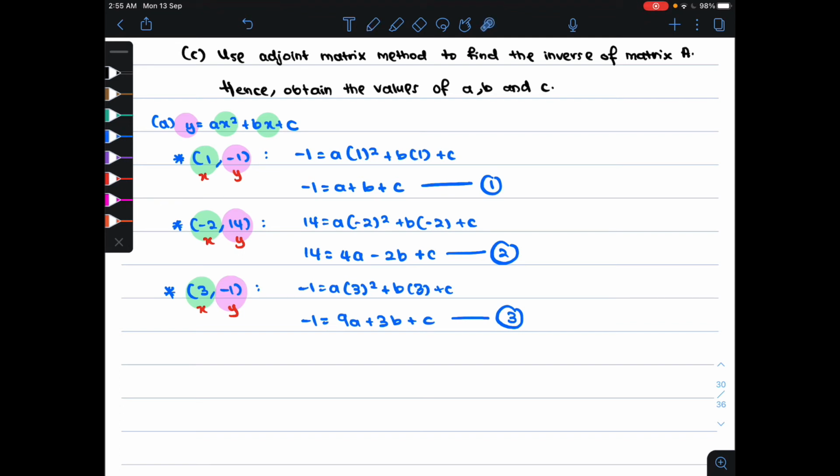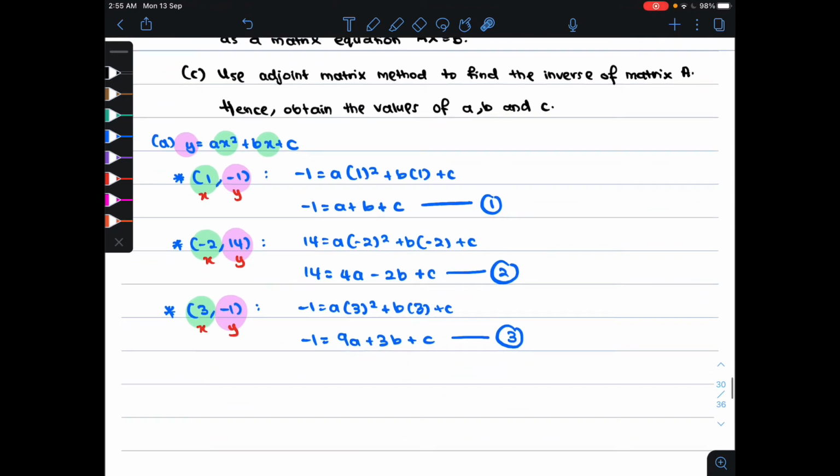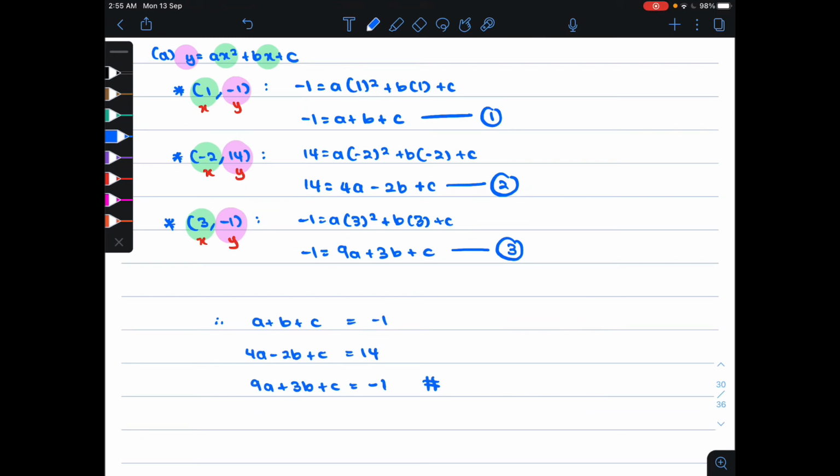Therefore, this is our third equation. Okay, so soalan A, dia suruh tulis dalam bentuk system of linear equation kan? So, kamu ambil balik ketiga-tiga equation ni, kamu tulis semula, tapi kalau boleh, yang value yang hujung ni, kamu letak dia di sebelah kanan. And dapatlah kita punya system of linear equation.